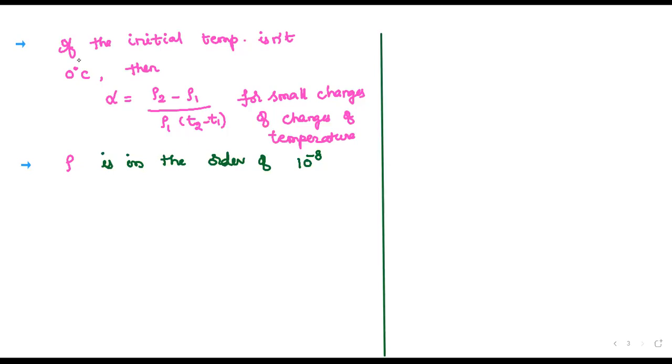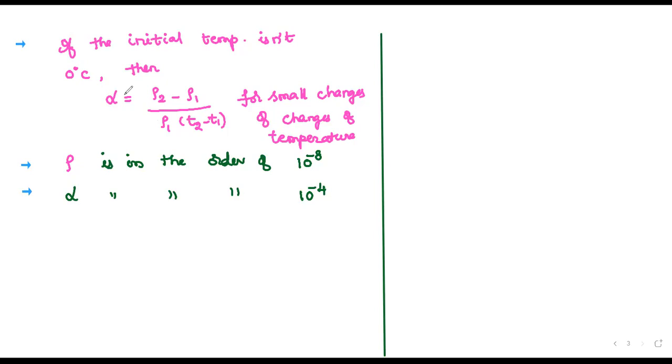So I am writing here alpha is in the order of 10 power minus 4. Then look at the values we are taking: rho 2, rho 1, alpha 10 power minus 4. All these values are very small. And again, for small changes of temperature, you won't find much difference in the final answers, so you will get approximate values.